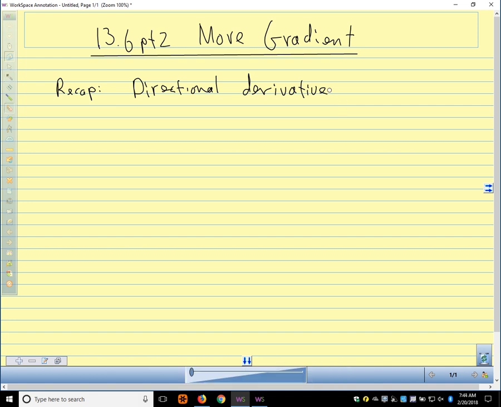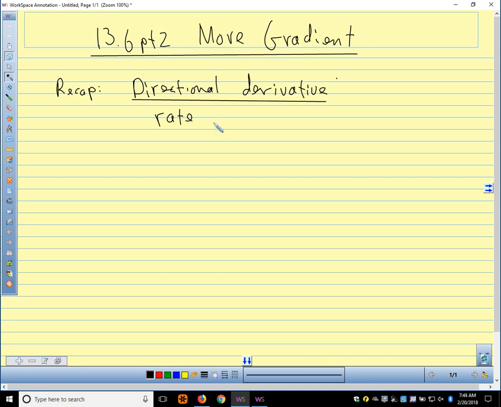The directional derivative gives us the rate of change of, I'm going to say, z equals f of x y in the direction of an arbitrary unit vector.